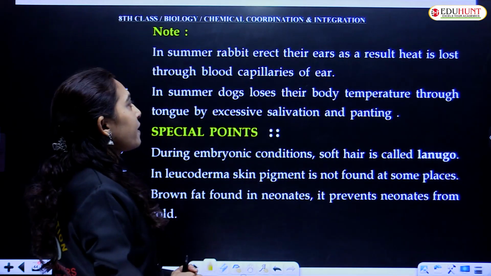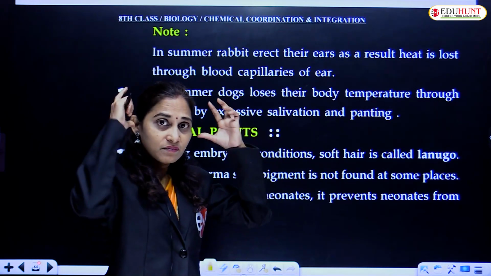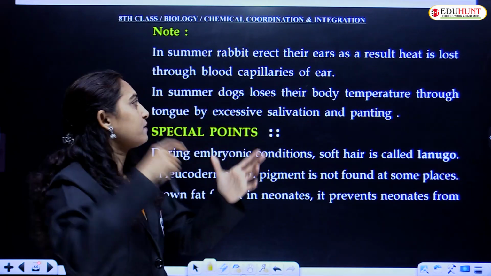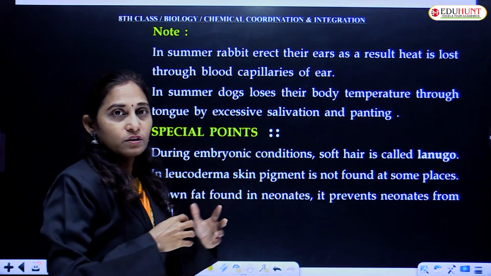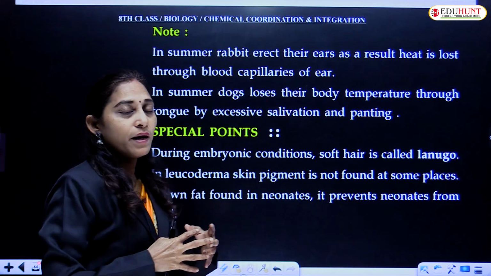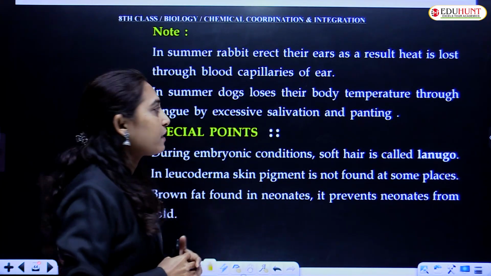In summer rabbits keep their ears erect. They make the ears erect during summer. As a result, heat loss takes place through the blood capillaries of the ear.